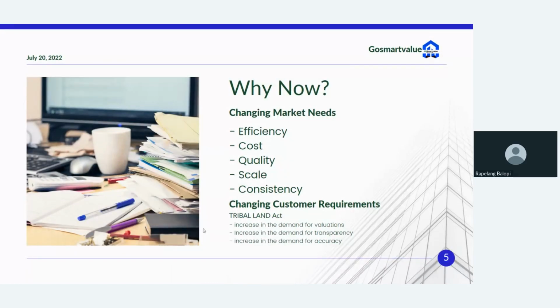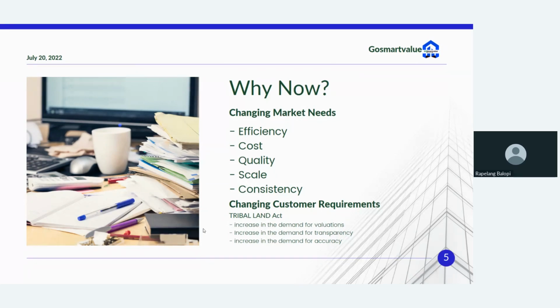Most recently, some of you may or may not know of the new amendment of the Tribal Land Act. One of the key amendments brought up by the Act is the fact that now tribal land can be sold without any development on it.